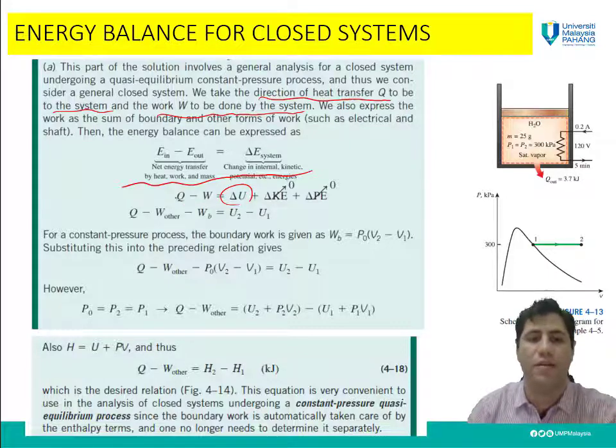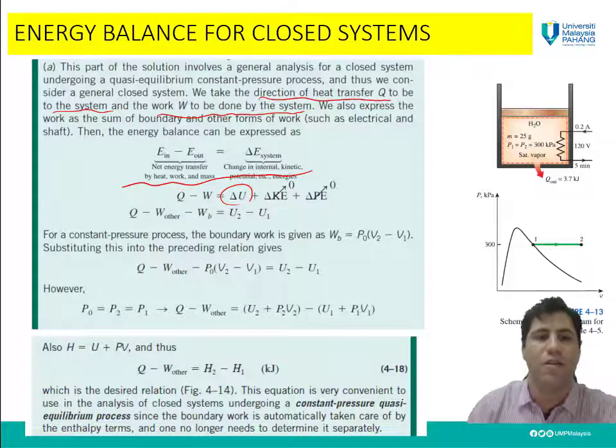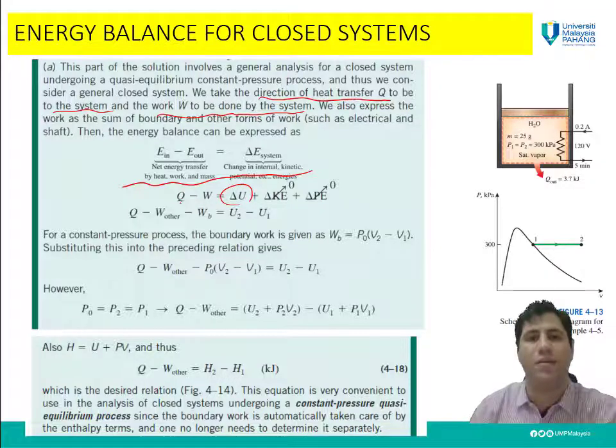So the sign for Q will be positive because we have Q to the system. This is just an assumption. In this problem, however, Q actually goes out of the system, but we will see later if our assumption is right or wrong. So we assume that Q is to the system and work is done by the system.